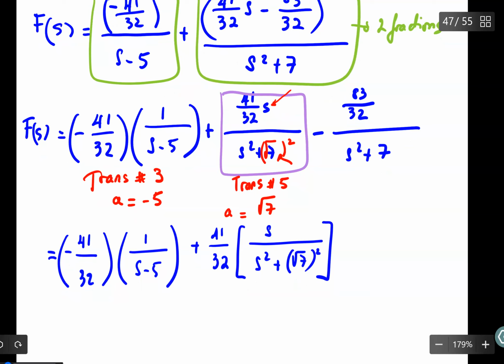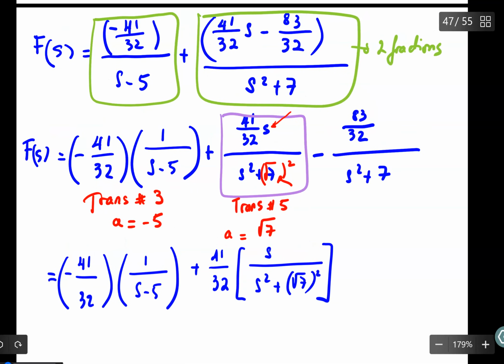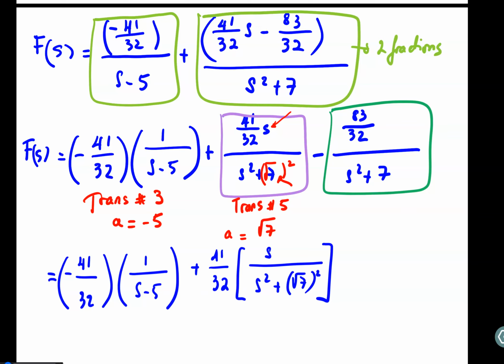Now the next step, I would like you to look at this one right here. Note that you don't have s as the numerator, just a number, and then here's the s squared as the denominator.